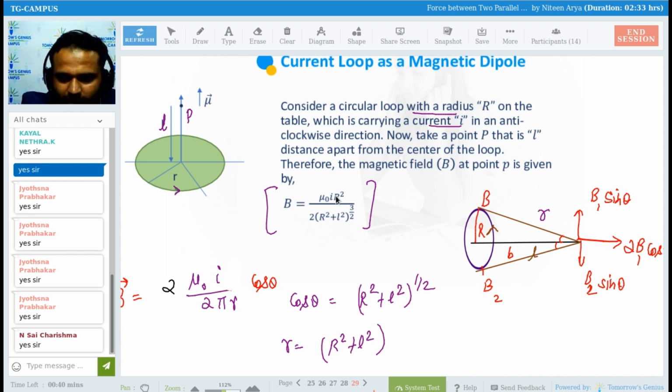This is the formula for the axis. And that's how we can define that.